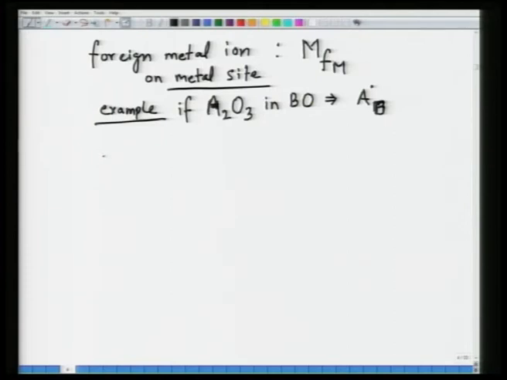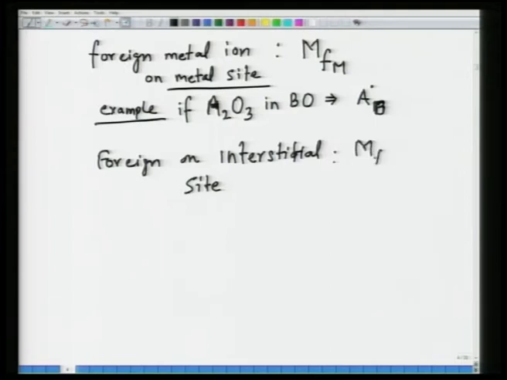If you have a foreign cation on an interstitial site, it would be known as MFI. Basically, MF means a foreign metal ion. You can denote it as A or B or whatever you like, just to simplify it.